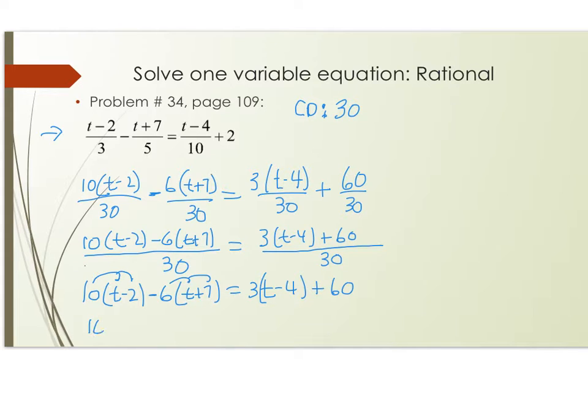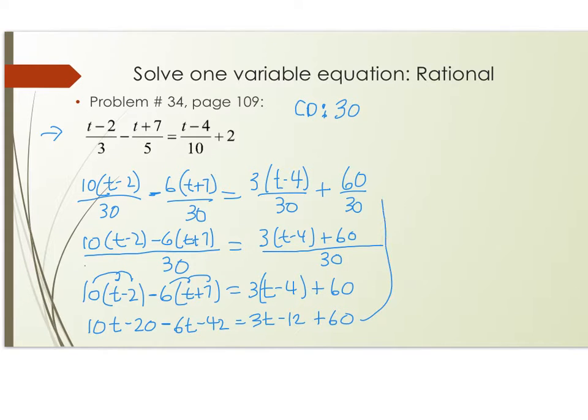So I'm going to get 10t minus 20 minus 6t minus 42 is equal to 3t minus 12 plus 60.